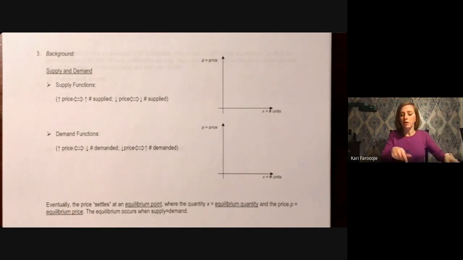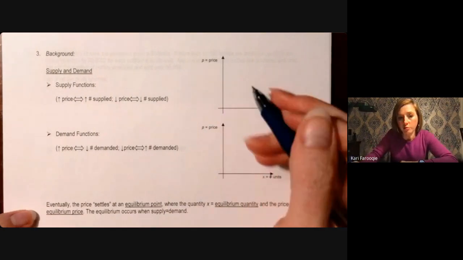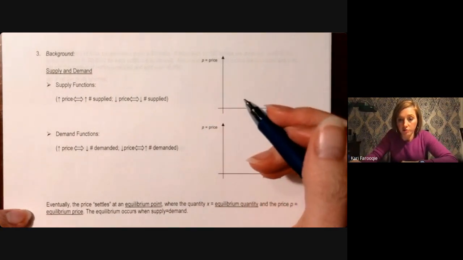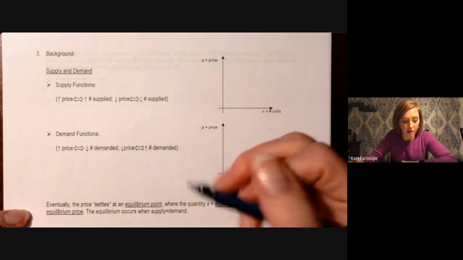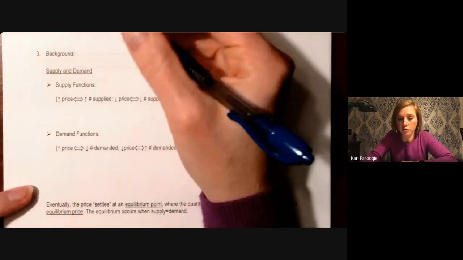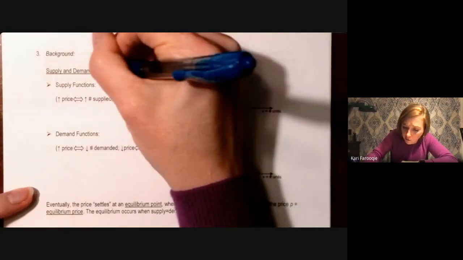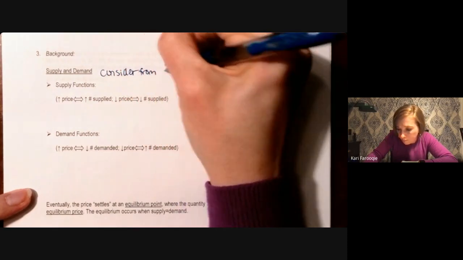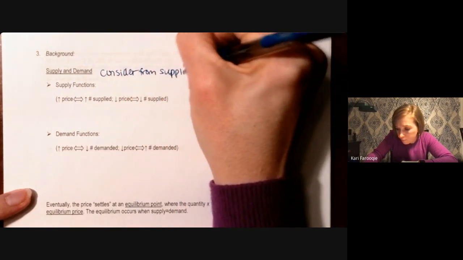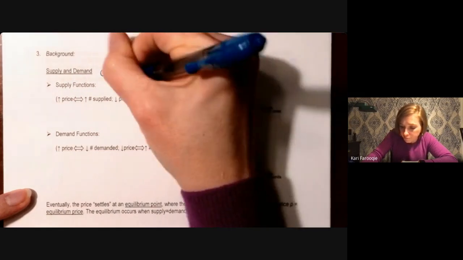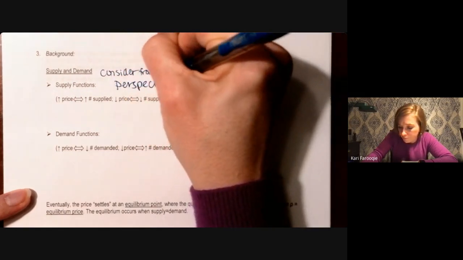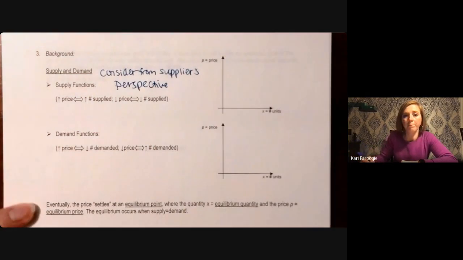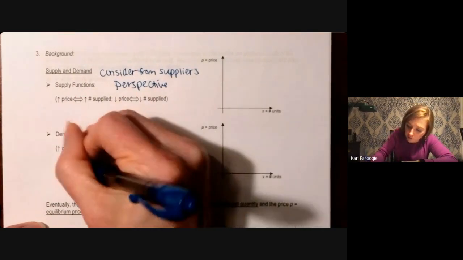Supply and demand. So I'm going to give you just some graphs so you can get a general idea of what's occurring here. But for the supply function, you're going to consider this from the supplier's perspective. And then for the demand function, you're going to consider this from the consumer's perspective.